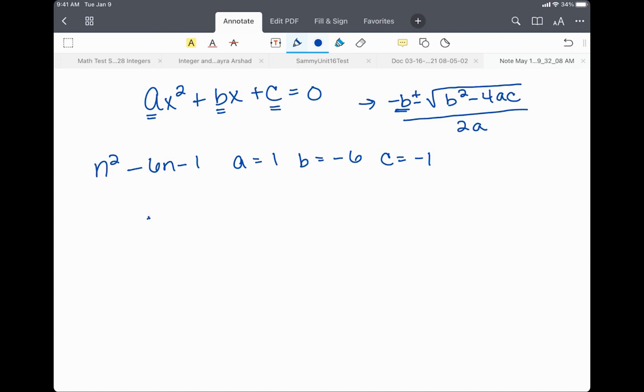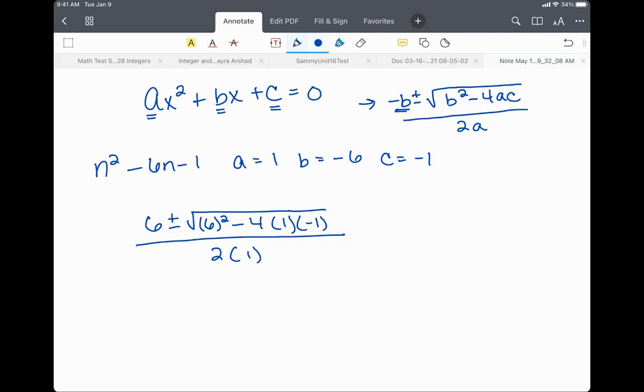So it's going to be positive 6, because a negative times a negative is a positive. So positive 6 plus or minus the square root of 6 squared minus 4 times 1 times negative 1 all over 2 times 1. Okay, so you're just plugging in to the formula, and then you're solving.